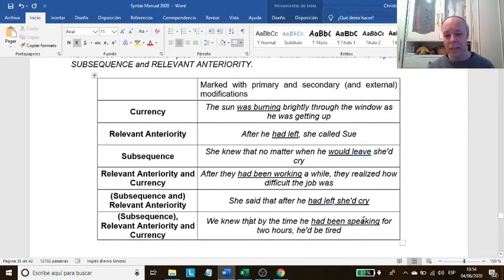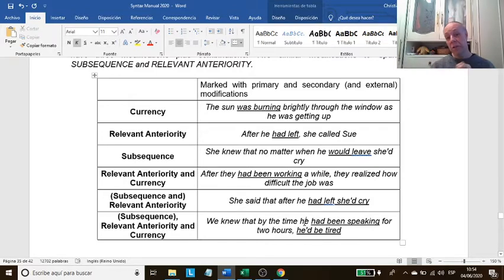"Had been speaking." This is subsequence. "Speaking" is currency or duration. And "he would be tired" is the subsequence form. There it is.